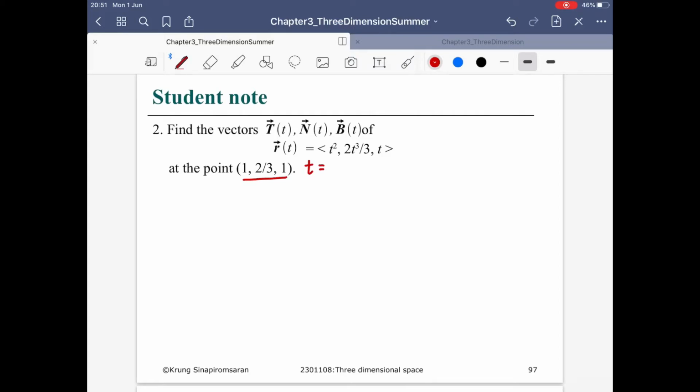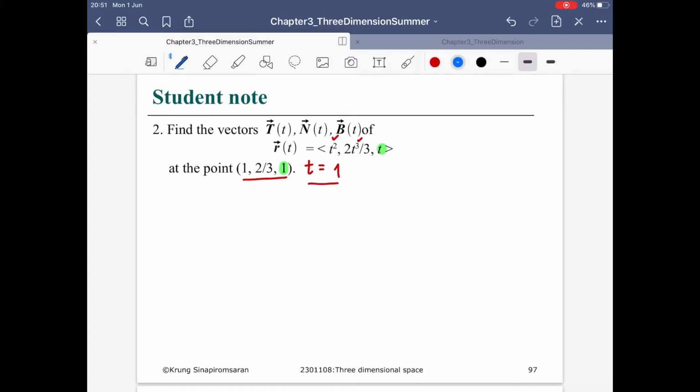For example, as you take a look, your last component determines your t. So actually your t is simply 1, and you check again, the second component is 2/3, and your first component is 1 again. So your t is really 1.